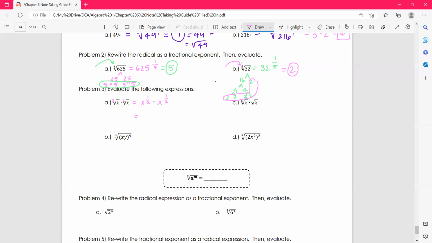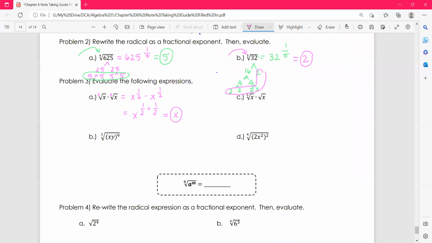We know when I multiply variables, the exponents add. So I'm going to do x to the 1/2 plus 1/2 equals x. That goes back to earlier in chapter 6 when we talked about all those exponent properties. Multiply variables, exponents add. I just needed to see my exponents. In this form, we couldn't see my exponents.